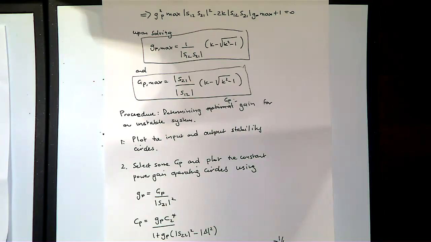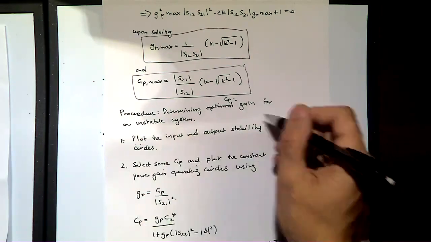Is it inside or outside the stability circle? If it's greater than 1, it's outside the stability circle, and the region of instability is the intersection of the inside of the stability circle with the Smith chart. What happens if it's greater than 1? The intersection of the circle with the Smith chart is the stable region. Good, excellent.